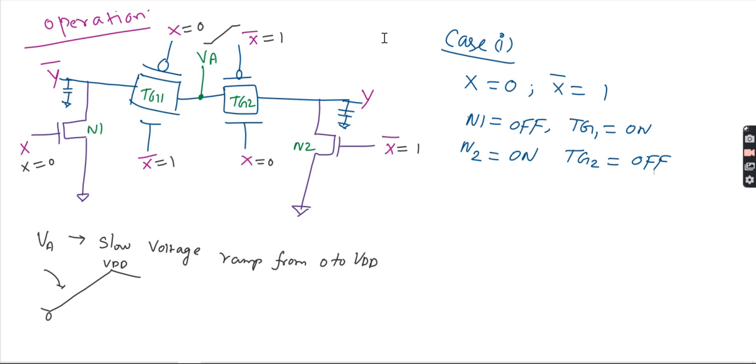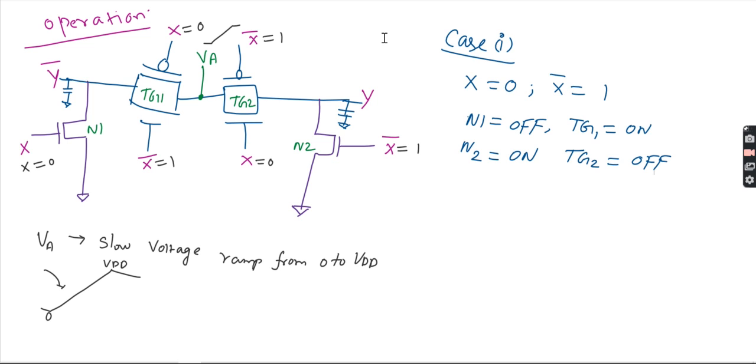In pass transistors, the output will be degraded due to the threshold voltage, as we've seen previously.